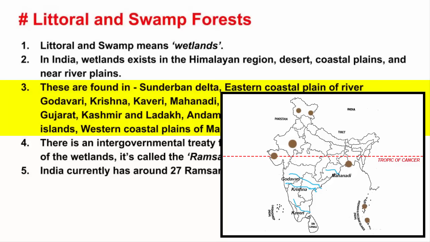Now these islands have a lot of mangrove creeks and coral sites. Similarly, in the islands of Lakshadweep, coral reef wetlands are very common. The western coastal plains extending from the Malabar coast to the Konkan coast has a lot of wetlands. These are one of the richest wetland habitats and the largest on the southwestern coast of India.